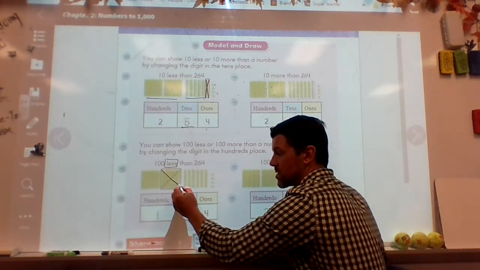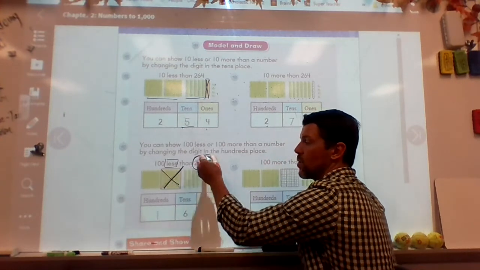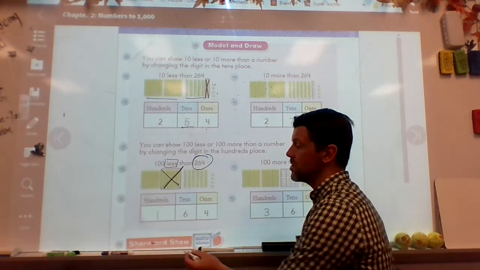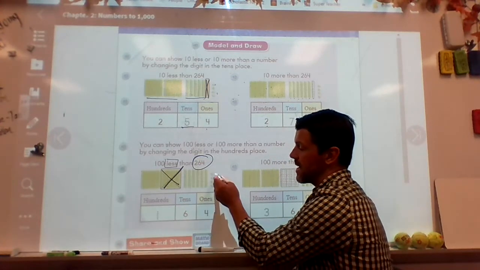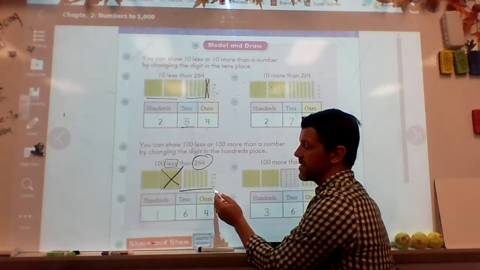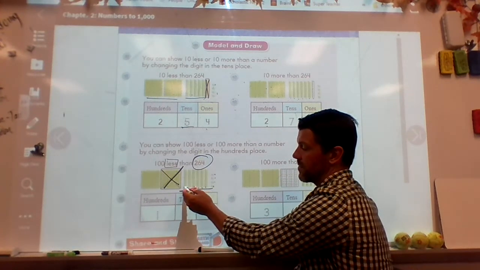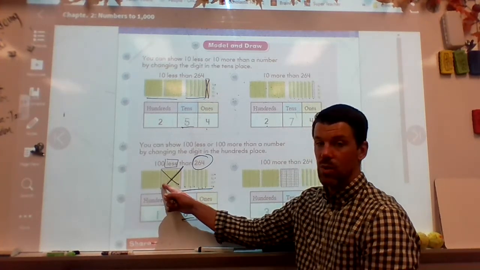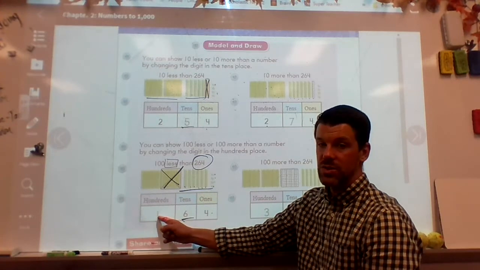So I need to cross off one of the hundreds. I'm still working with the number 264. So when I cross off 100, I still have the same number of ones. I still have the same number of tens, 1, 2, 3, 4, 5, 6, but I do not have 200 anymore. I only have 100.